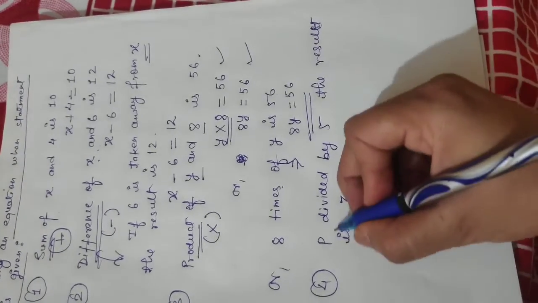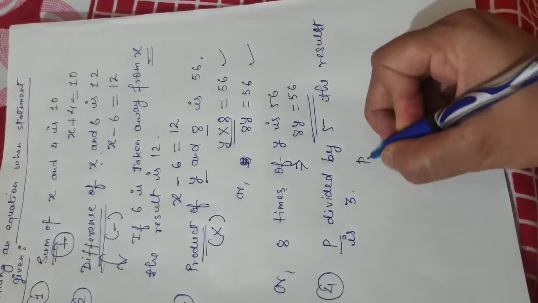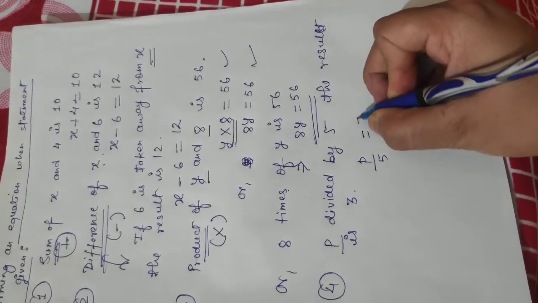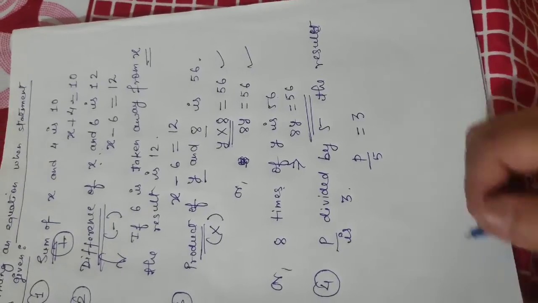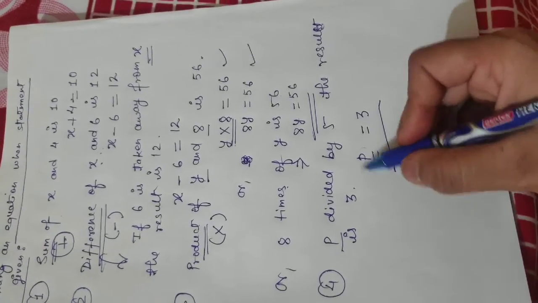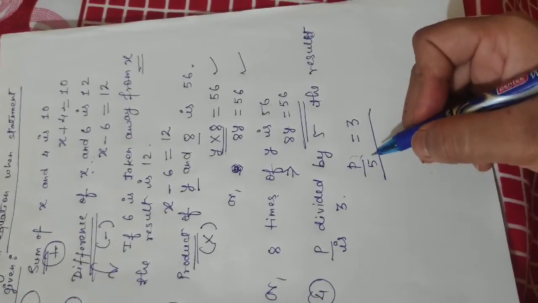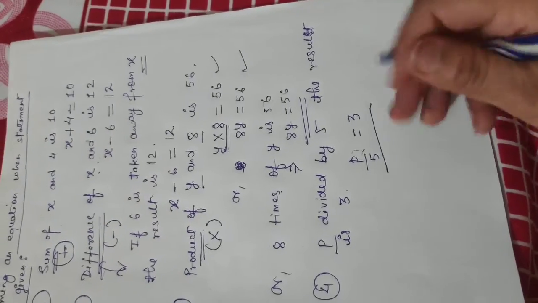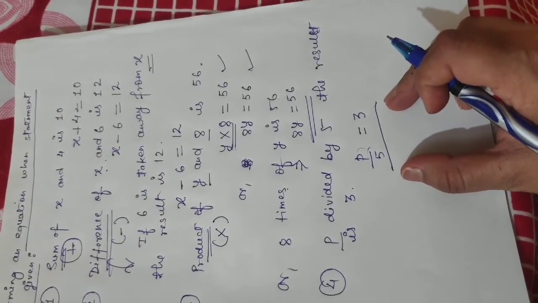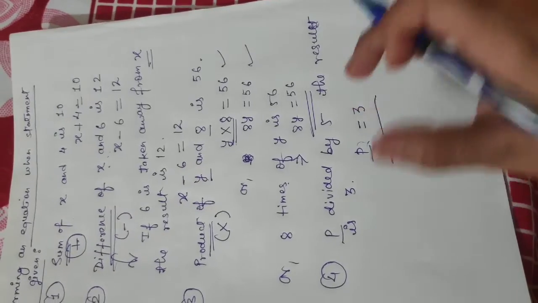So how will you write? It is very clear that p divided by 5, the result is 3. Fine. So this is how we use the division sign, and this sign means division, you know very well. So this is how we use the division sign when we have to form an equation of this type.